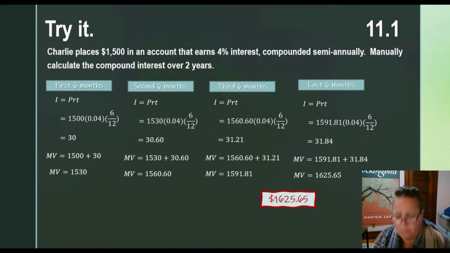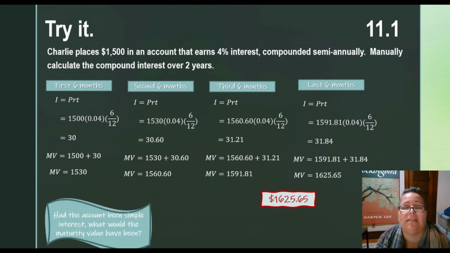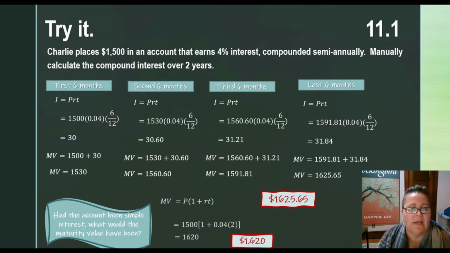So when we compounded the interest, we got a maturity value of $1,625.65. If we had just done simple interest the entire time, we would have had the principal, the original $1,500, times 1 plus RT, or 0.04 times 2 years, which is $1,620. So simple interest would have been $1,620.